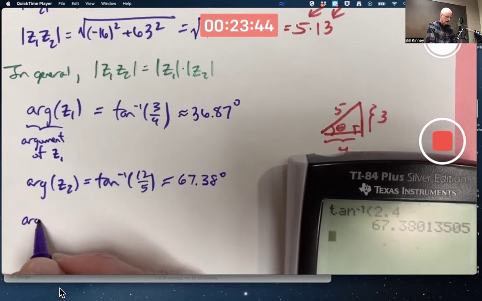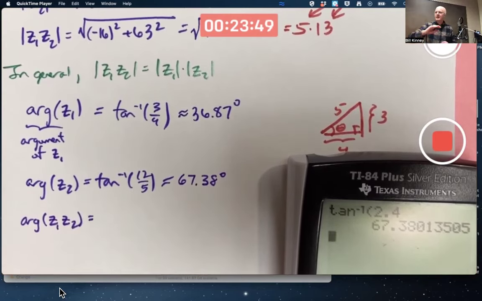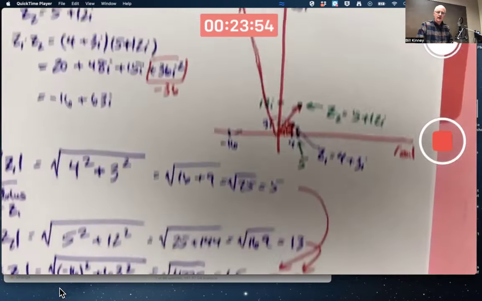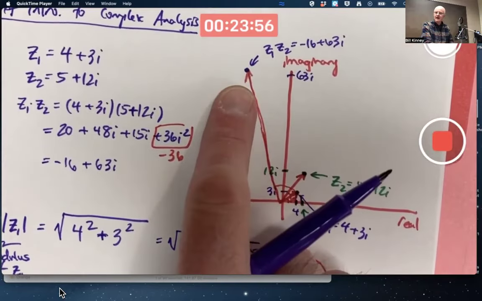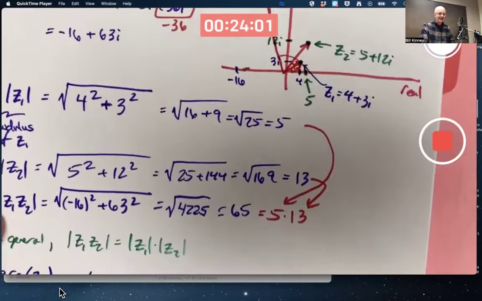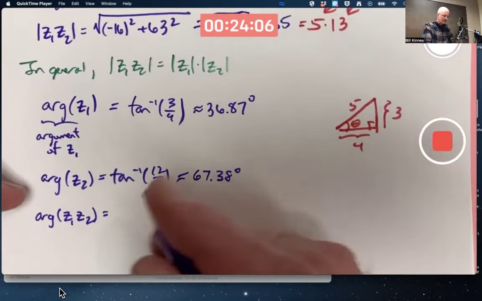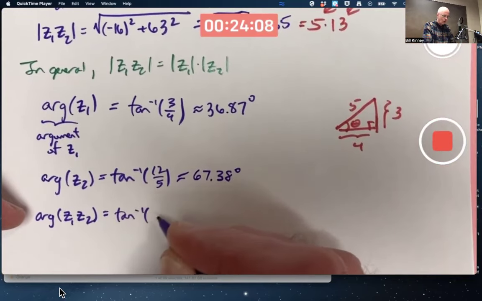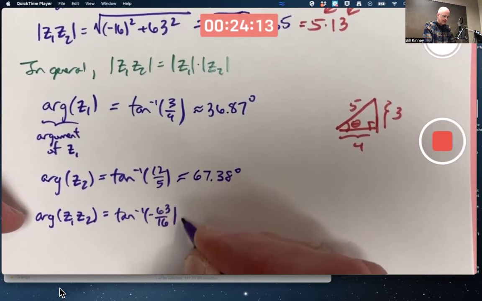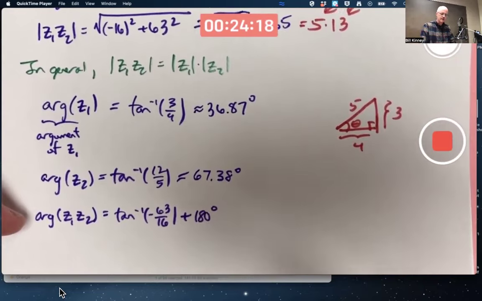What is an argument of their product? The product is over in the second quadrant. It was -16 plus 63i. If I do inverse tangent of 63 divided by -16, I get an answer in the fourth quadrant. To get the right answer, one allowed angle for this, I need to add pi radians to it, or since I'm doing degrees, I'll write it as 180 degrees.